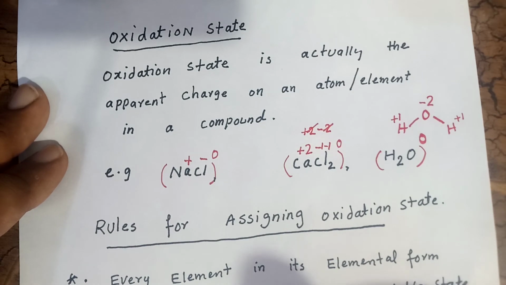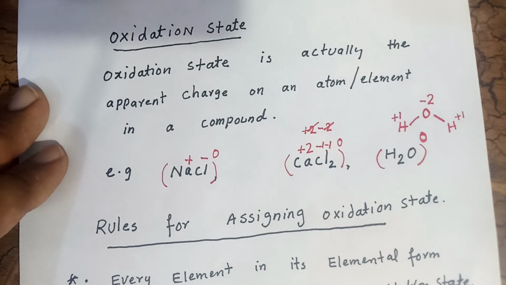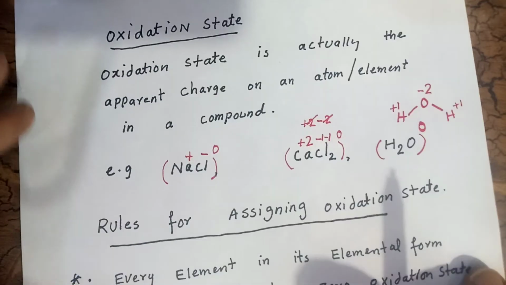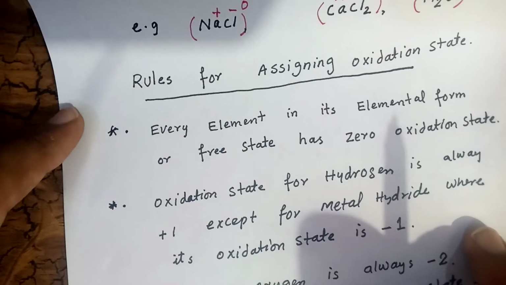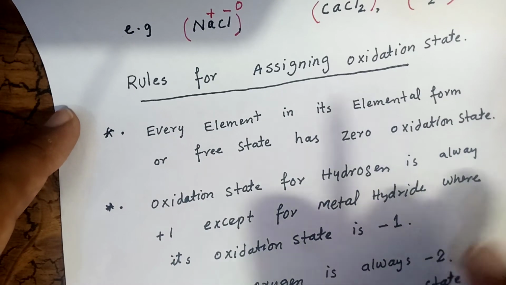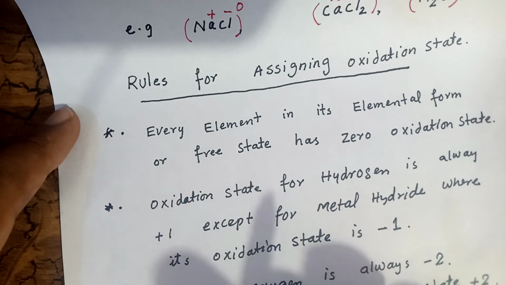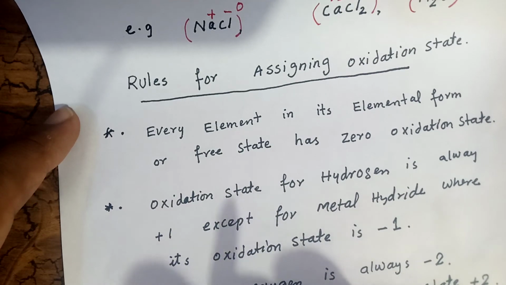Now we will discuss the rules for assigning the oxidation state, that is, what rules we should know to assign the oxidation state to an element in a compound. Okay, so the first one is that every element in its elemental form, or we can say in a free state, has the 0 oxidation state.